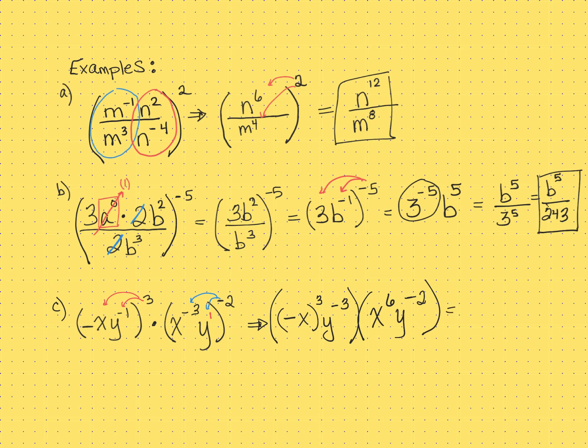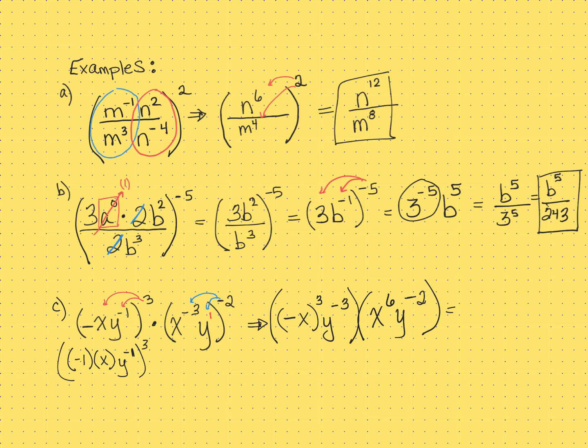And then let's handle, I think we're going to do this in 2 steps. In fact, let's back up just a little bit. Let's actually think of this as negative 1 times x times y to the minus 1 cubed.